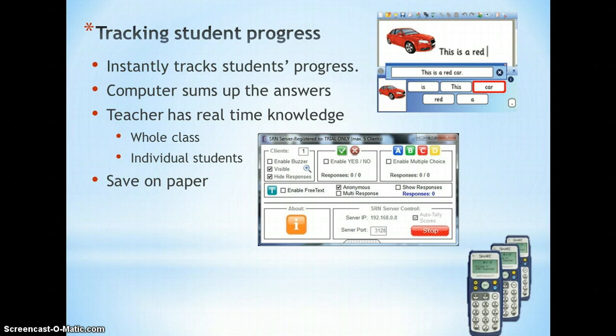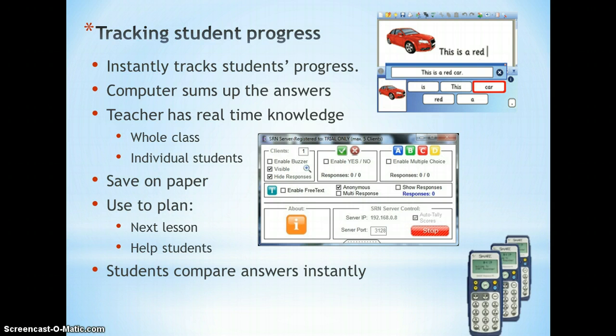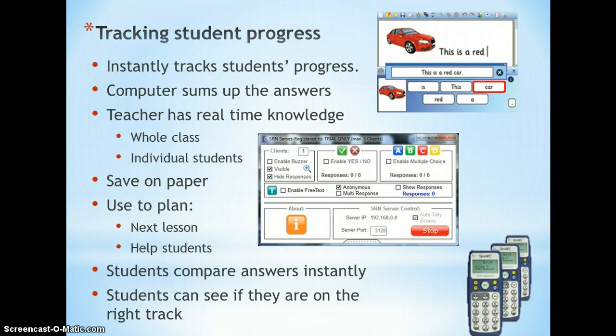And the information is graded, giving the teacher instant feedback to how to plan for the next lesson or who may need extra help. Students can see if they're on the right track in their understanding and be able to ask and clarify their answers and understanding when seeing how they answered on the questions presented.